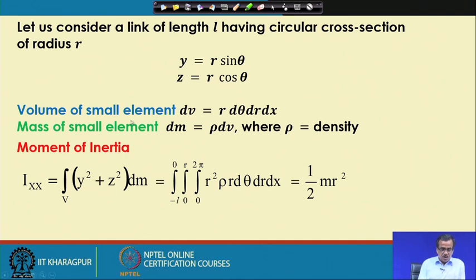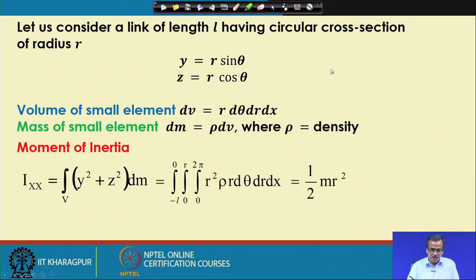The differential mass is rho dV, that is rho r d theta dr dx, where rho is the density. Now, the moment of inertia about x x, I x x, is the volume integration of y square plus z square dm.